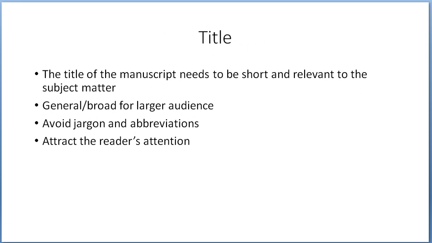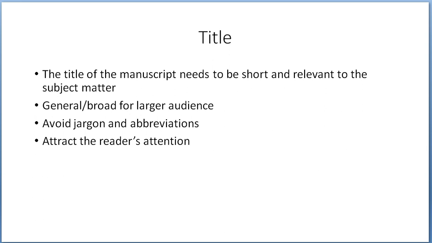First, the title. Title is the main part of the review paper. Your title should be brief, informative and influential, so that it can cover all the areas of the review paper, the entire topic on which you are going to write the review. The title of the manuscript needs to be short and relevant to the subject matter.